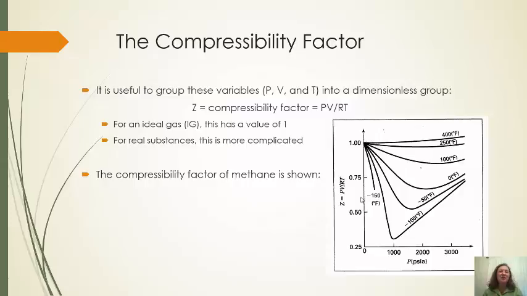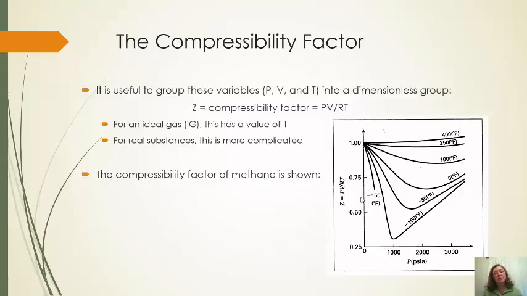But we know that things aren't really an ideal gas, so what people have done is they have created a dimensionless group. So something that has no units by the time you complete the math. And if it has no units, then it's not going to matter whether I work in degrees Fahrenheit or degrees centigrade, as long as I am appropriately using the equations. Okay, so I can use any system of units.